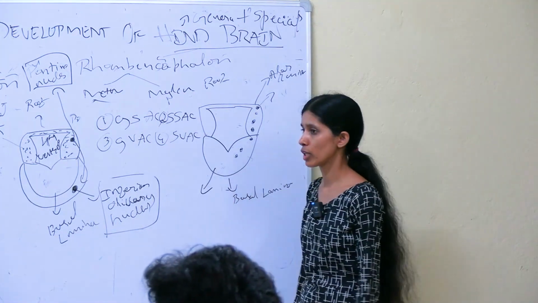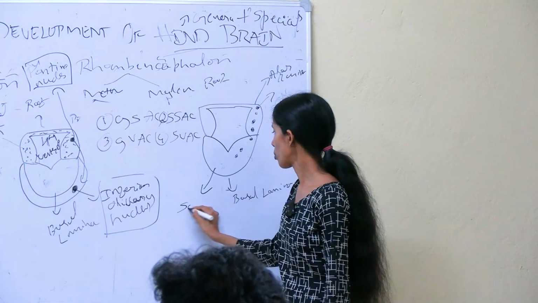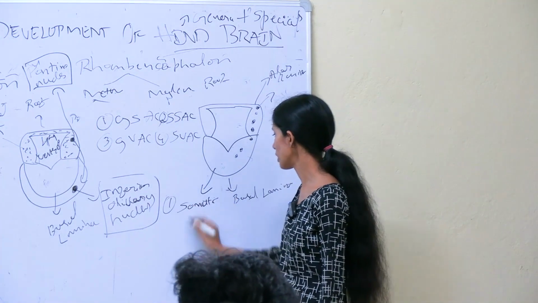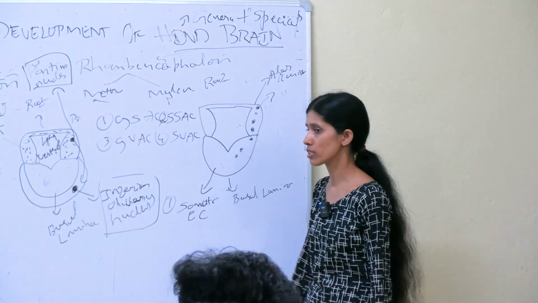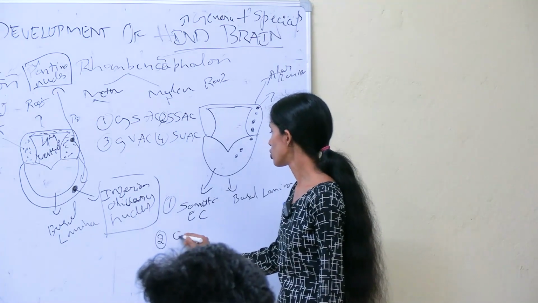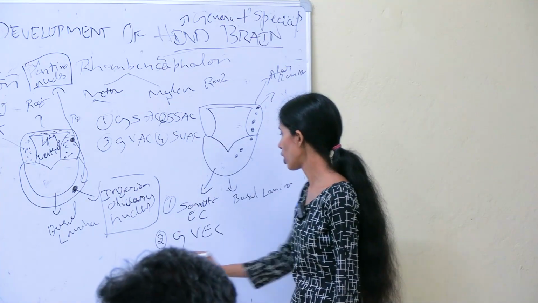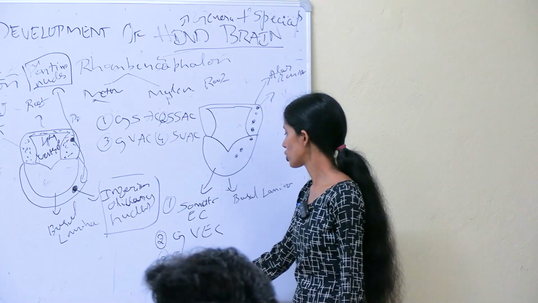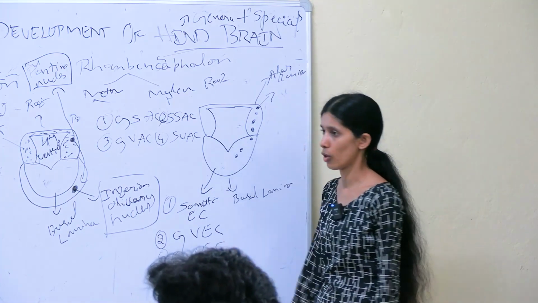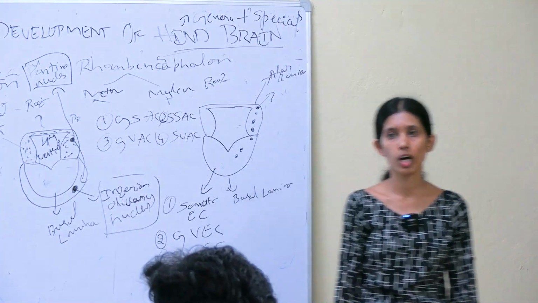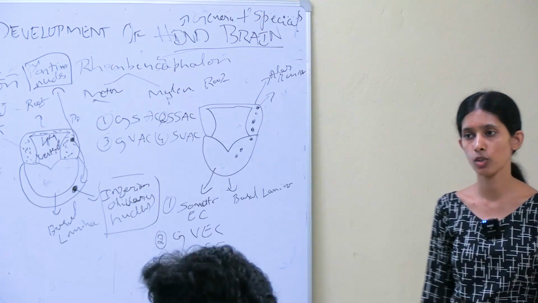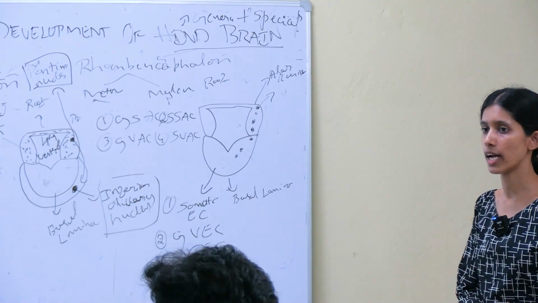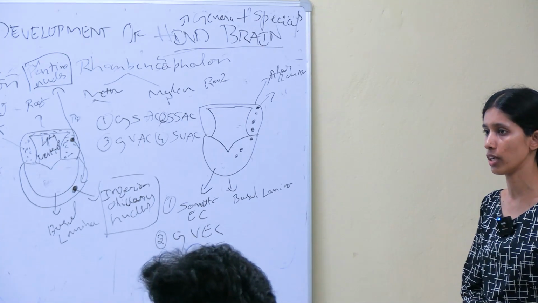Similarly, in the basal lamina part, we have the somatic afferent columns first, the second one is general visceral afferent columns, and the next one is special visceral afferent columns. So in the medulla oblongata region, we can see a total of 7 columns, 4 in the alar lamina region and 3 in the basal lamina region.